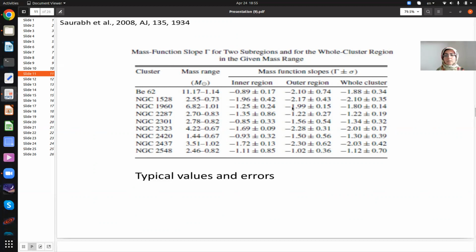They see the errors are high for some of them, and also in some of them it was good, but for some of them the numbers are so much different from each other. You see it is for example minus 0.89, and here it is minus 2.10, minus 1.88. The numbers are so much different from each other.